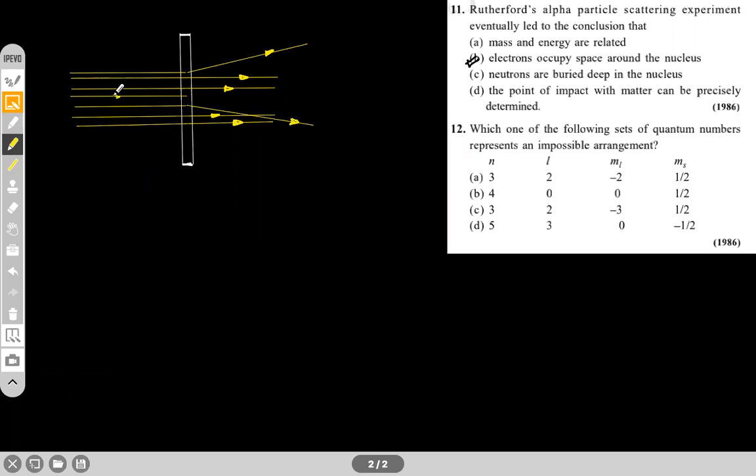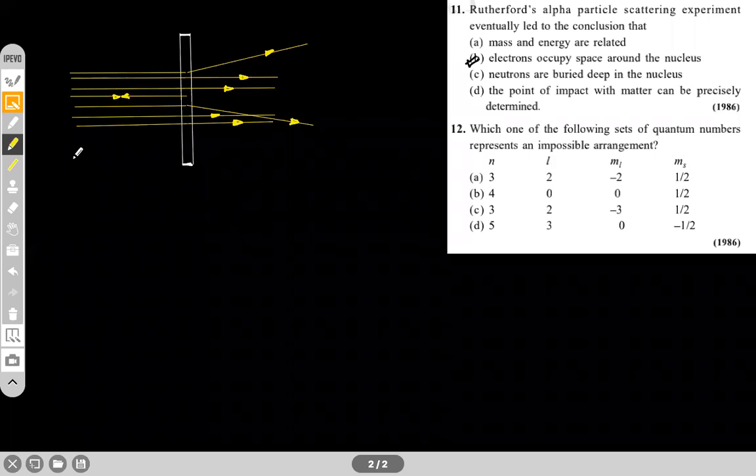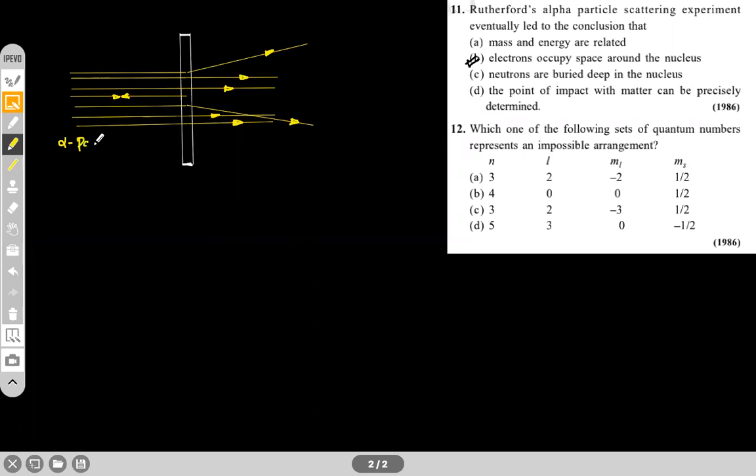And a very few of them retrace their path; they strike and come back. So there are vacant spaces, and only then is it possible that some alpha particles pass through without deviation. That's why we can say there are vacant spaces within the atom, which means the electron occupies space around the nucleus.